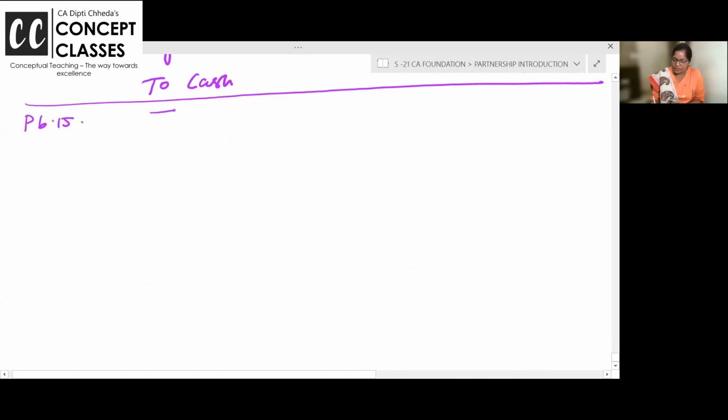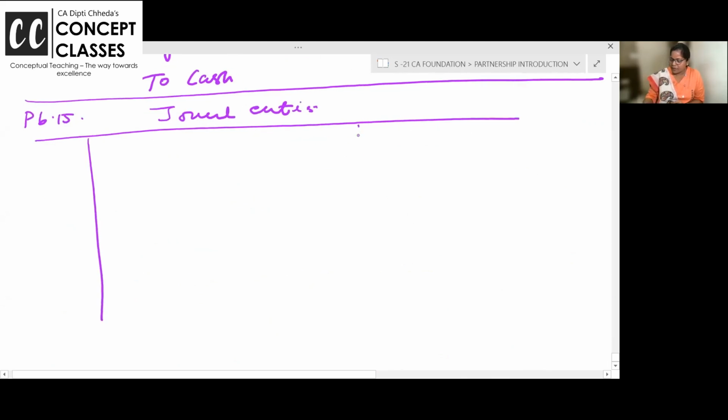You have to write journal entries. So we will write journal entries. Date, particulars, debit amount, credit amount. Keep particulars a bit wider so that you can do the working. First, goodwill is already there in the books, 5,000. Can we write off in the old ratio?